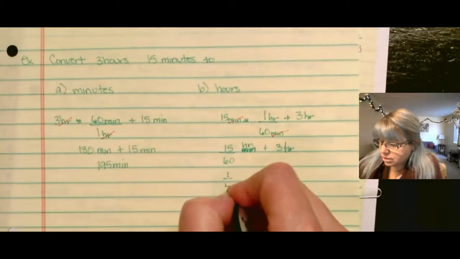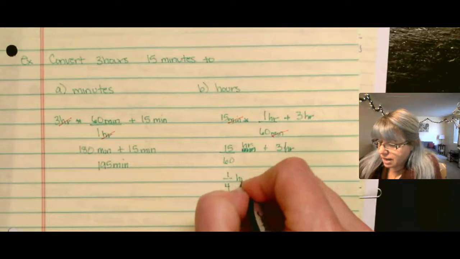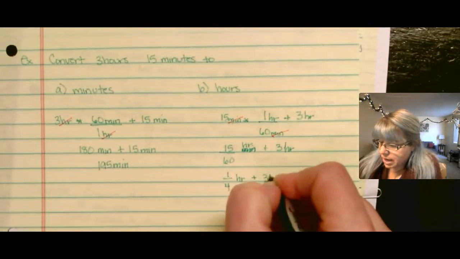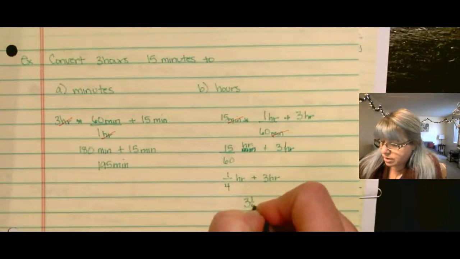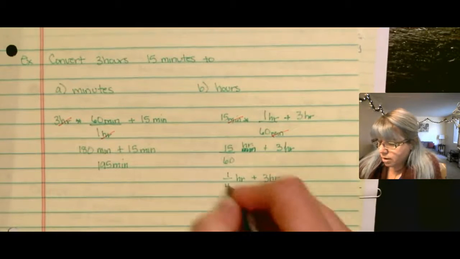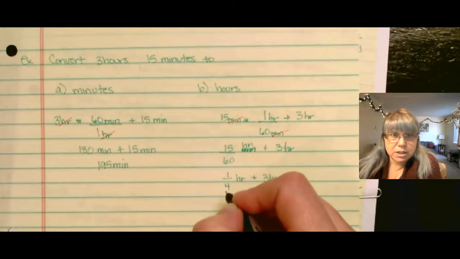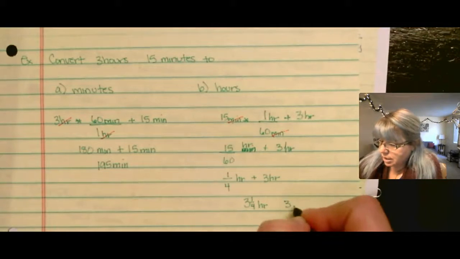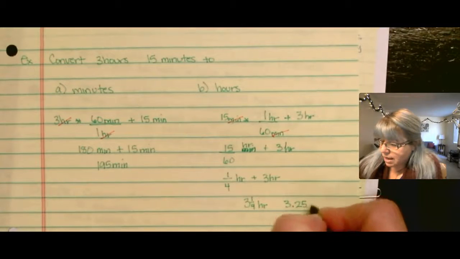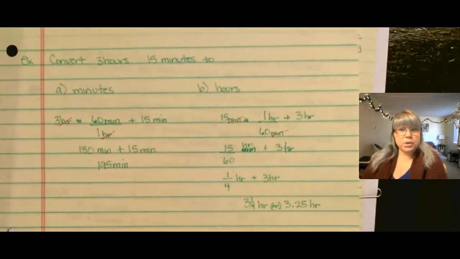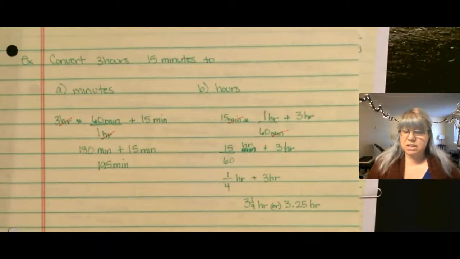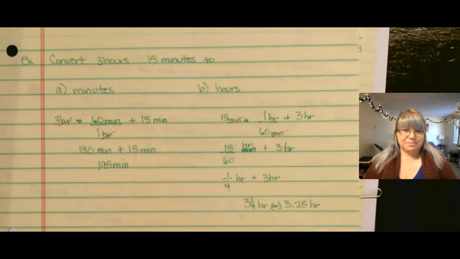I can reduce that down to 1/4 of an hour plus 3 hours. Now I can either say that is 3 1/4 hours, or if I change this into a decimal, it would be 3.25 hours. Both of those are the same amount of time in hours.